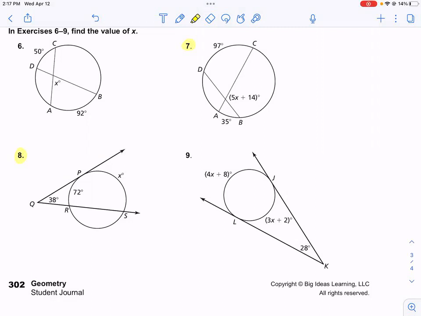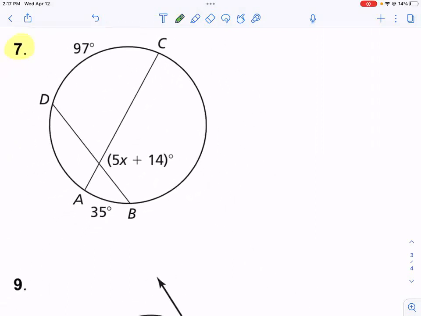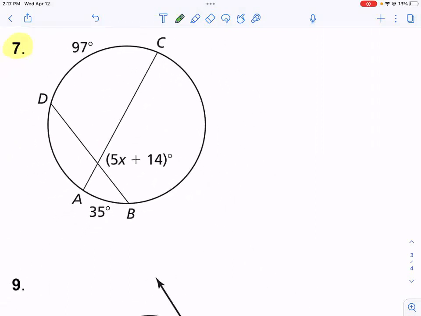What did you get for number 7? Did you get X equals 20? I don't know how I got it. Okay, so eyes up here. This angle right here, I'm just going to call it A. A is 1/2 of 97 plus 35, right?